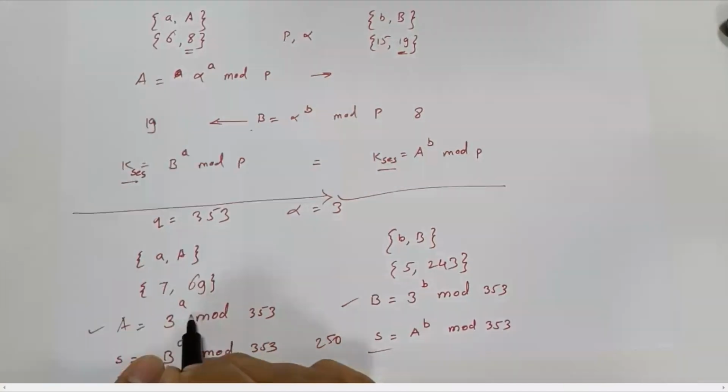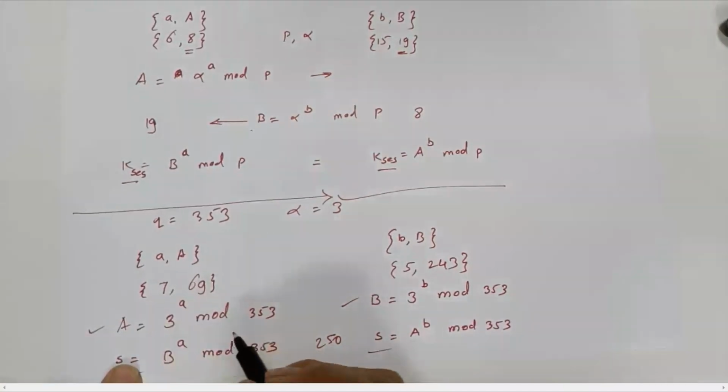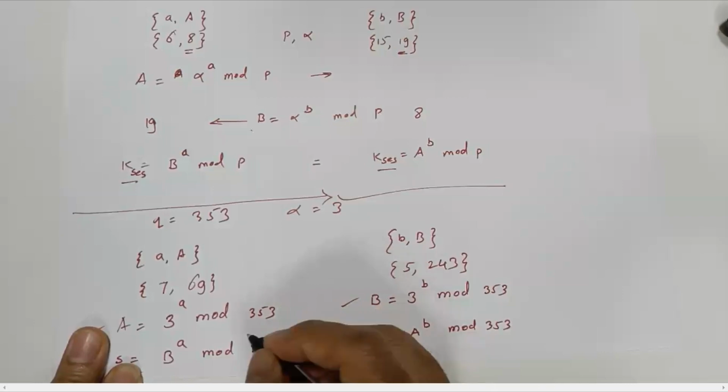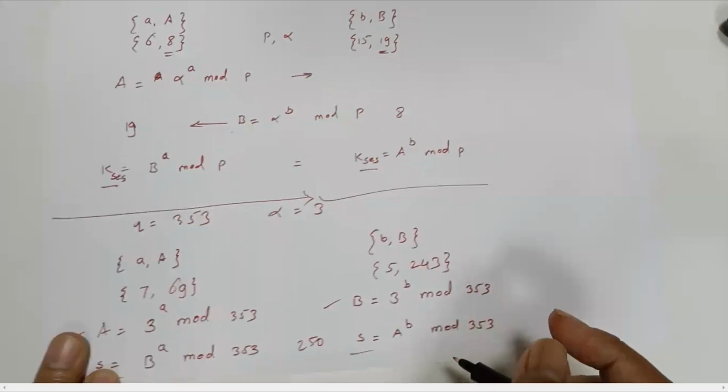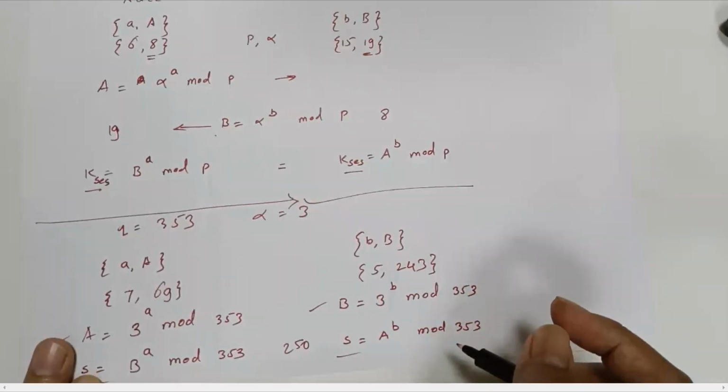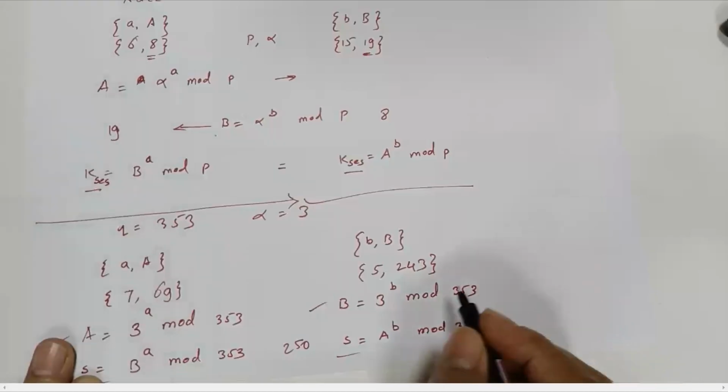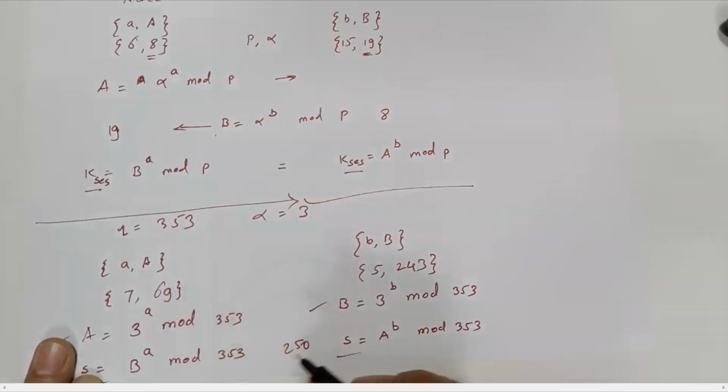What is 3 raised to 7 that you have got? I calculated it directly. So it's 2187 mod 353.